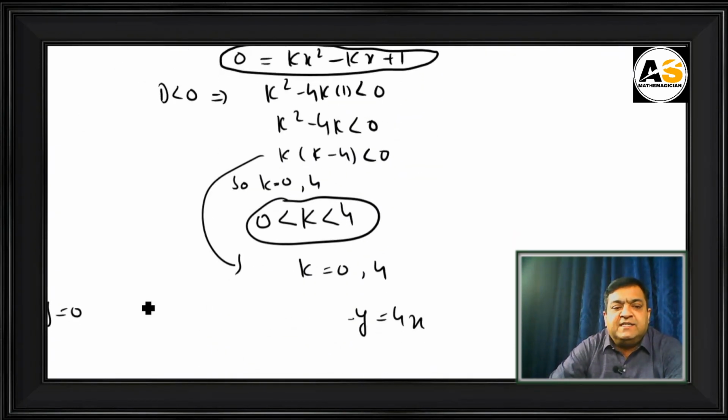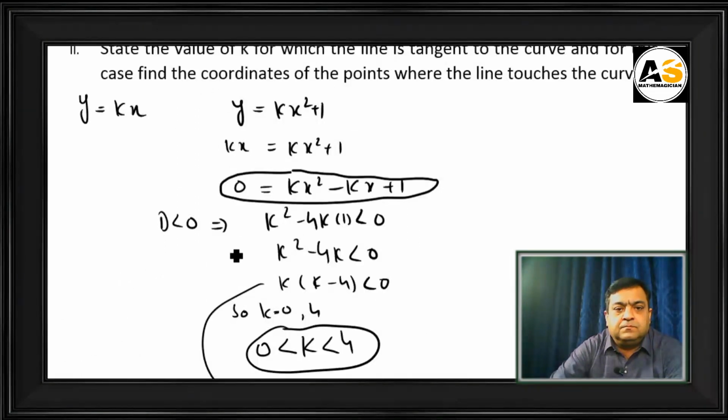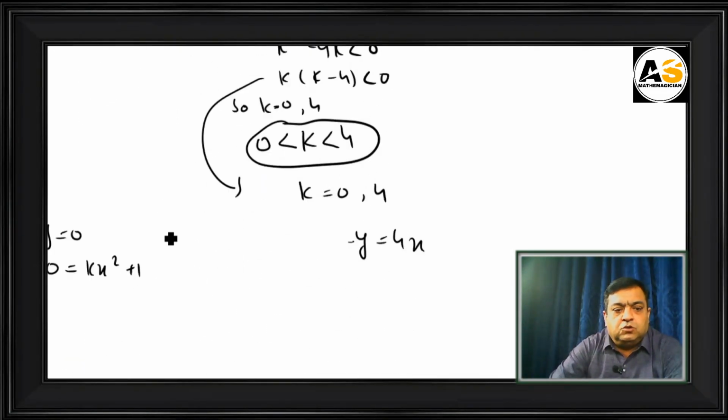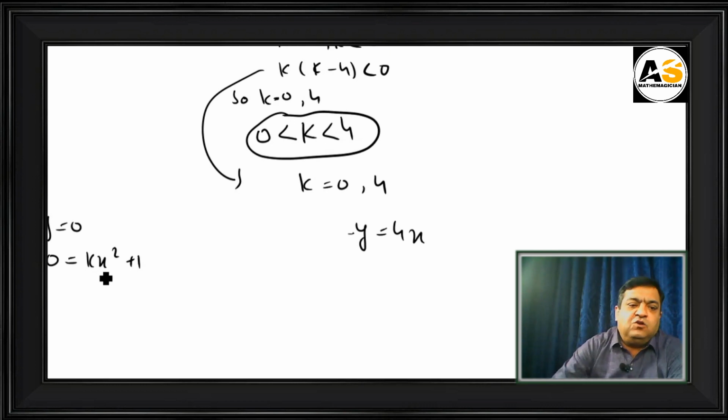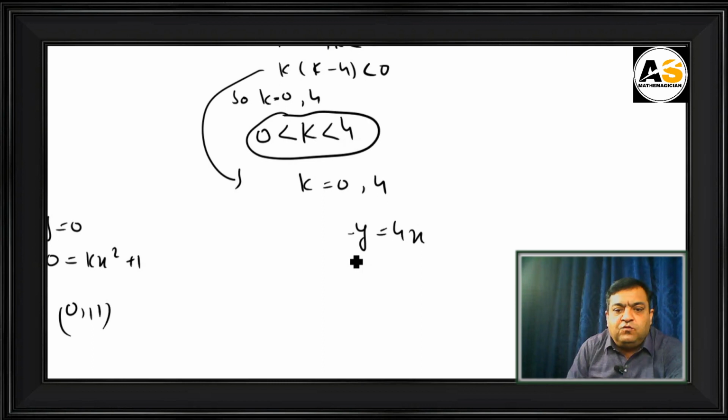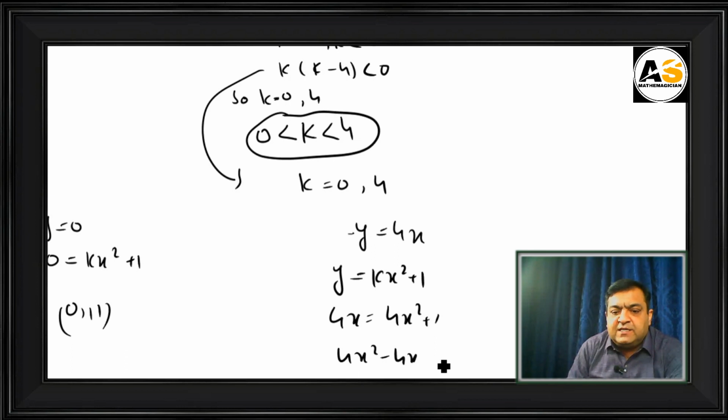When k is 0, putting in the curve equation y is equal to kx squared plus 1, 0, 1 is the intersection point. When k is equal to 4, 4x is equal to 4x squared plus 1, so 4x squared minus 4x plus 1 is equal to 0.